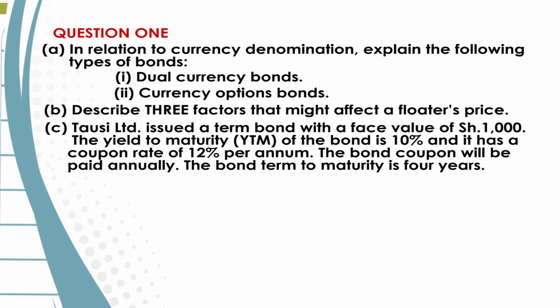The bond yield is 10% and it has a coupon rate of 12%. The coupon will be paid annually, so that is the period, yearly. The bond term to maturity is 4 years.